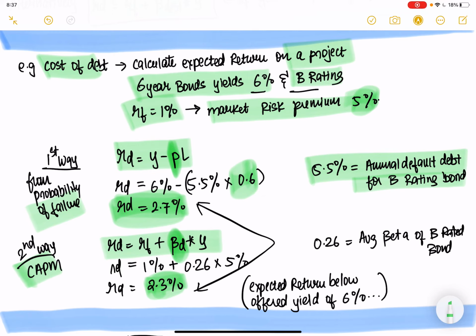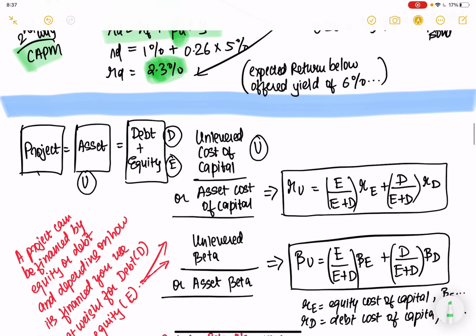So expected return is the key thing to look at. They are giving you 6%, but the expected return is 2.7%, so they're giving you a way higher yield. So there's some risk associated with this, right? And this gives you a ballpark estimate. It's not perfect, but it gives you a really good ballpark estimate of the cost of debt that you expect. And the higher the difference, that's where the risk comes in.